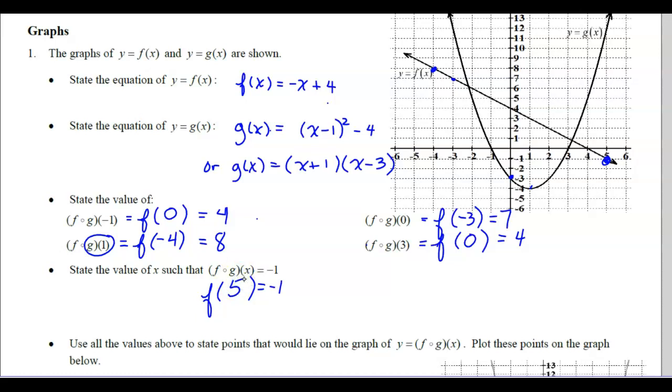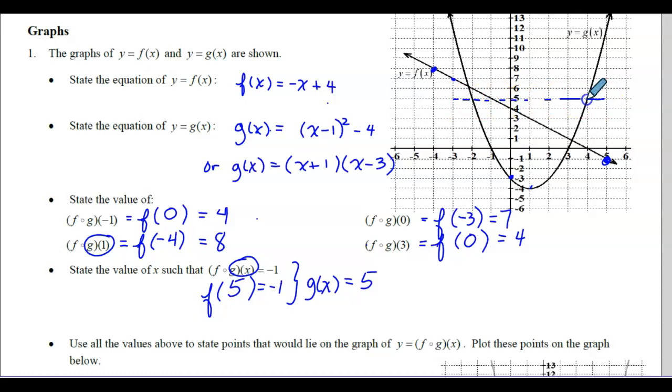Okay. But I'm not done. That's not my answer because that bracket is g of x. So this is saying that g of x equals 5. Okay. So now I look at g of x for when y is 5, right?